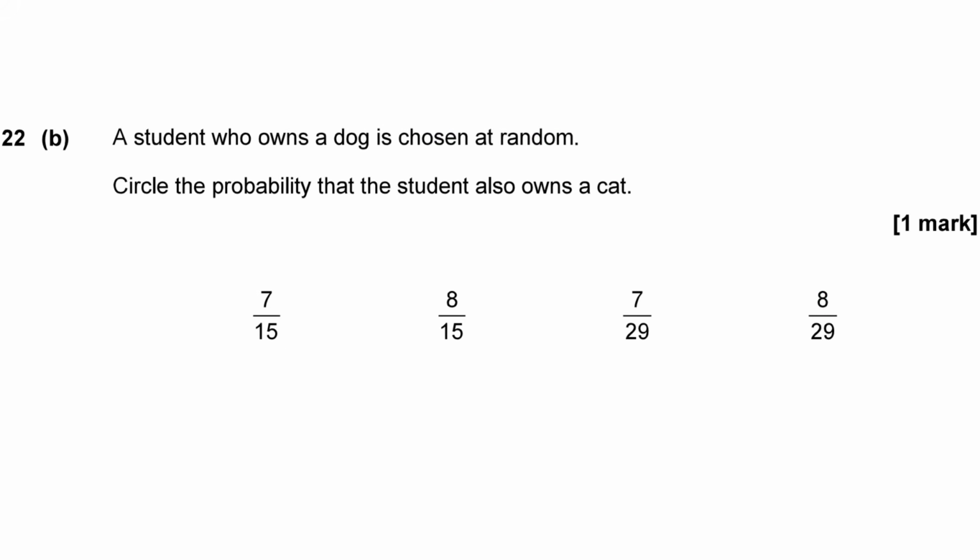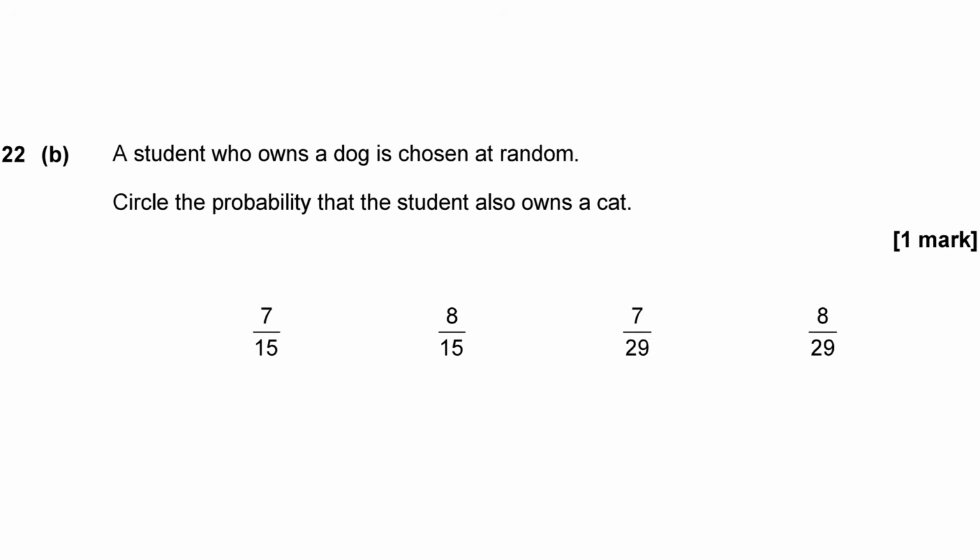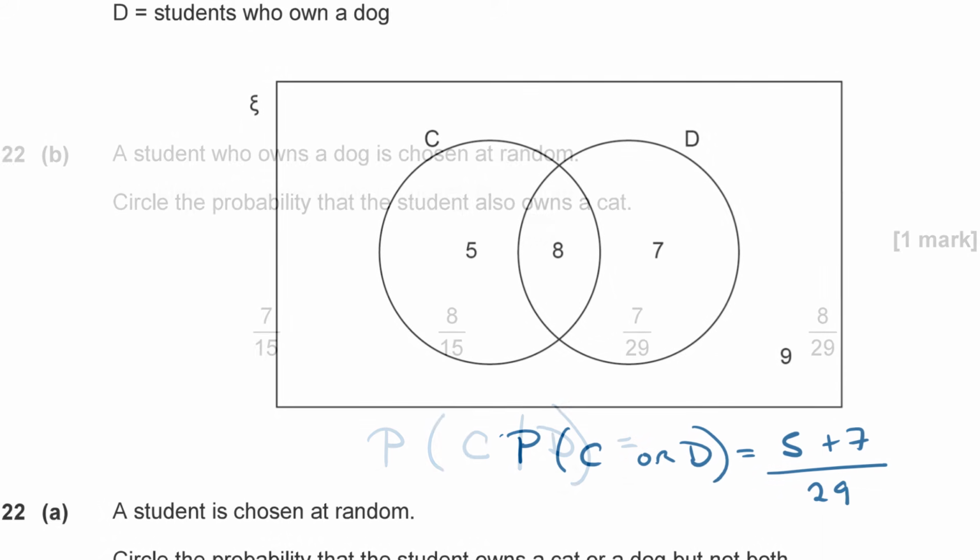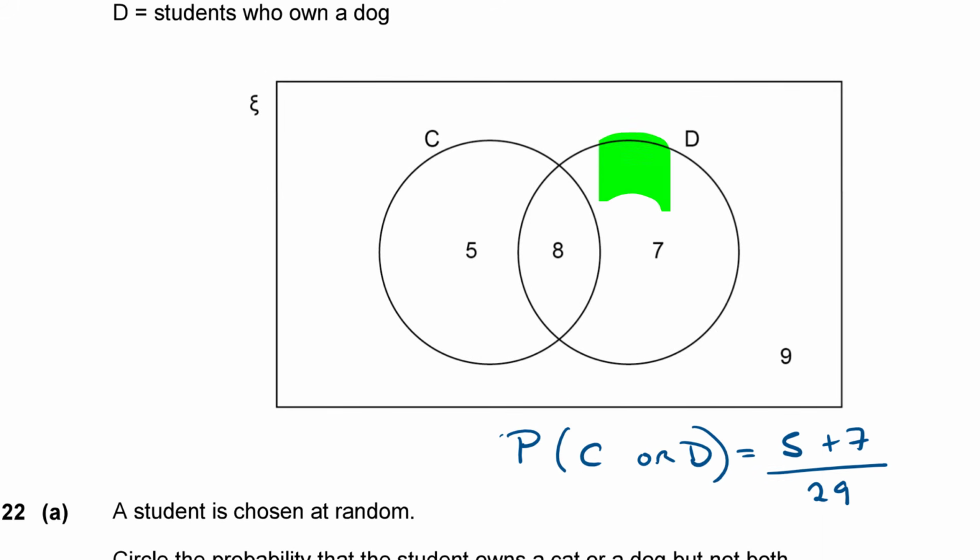Question 22b asks, a student who owns a dog is chosen at random. Circle the probability that the student also owns a cat. Okay, so what is the probability that the student owns a cat given that he owns a dog? So if you look at our Venn diagram here, we know that the student is already in this set here.